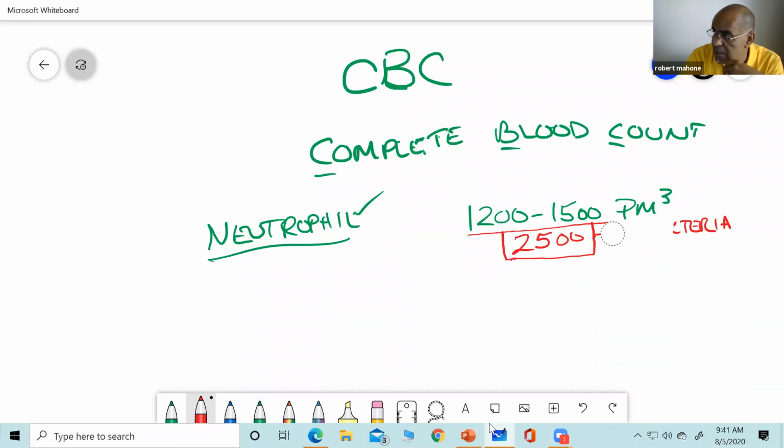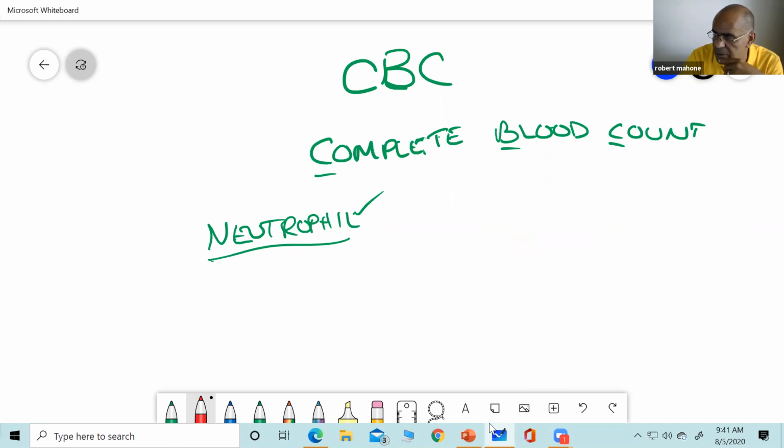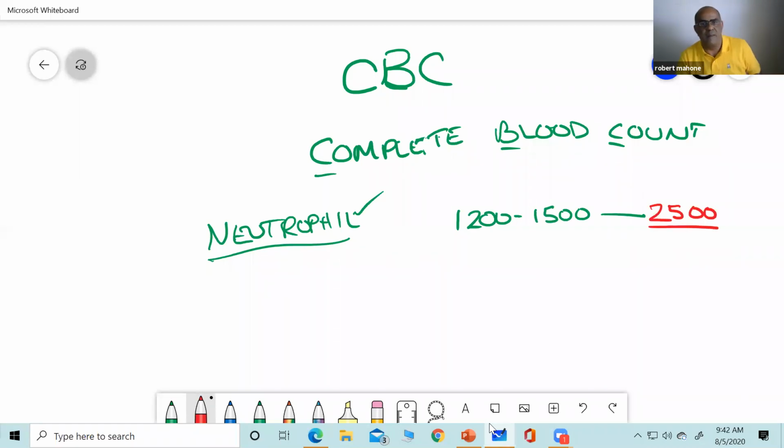Actually, let me do it the way it will appear on the lab slip. It'll show you the normal range, 1,200 to 1,500. And then it'll give you the patient count. If the patient count is outside that range, it must be printed in a contrasting color like that. That's why I never got into memorizing them. They'll always be on the lab slips. That's the law. It calls the doctors' and people's attention to abnormal cell counts.